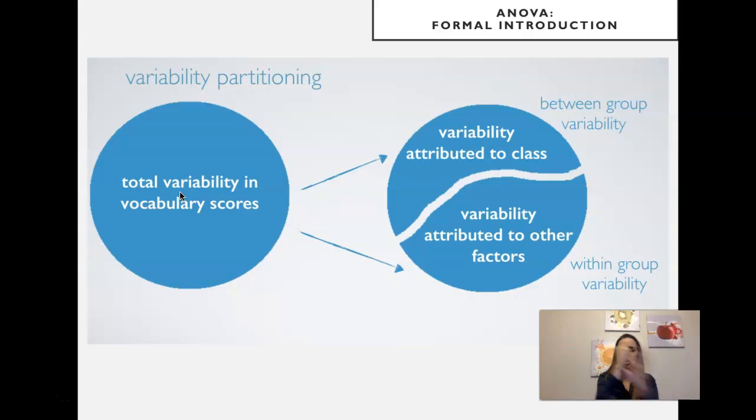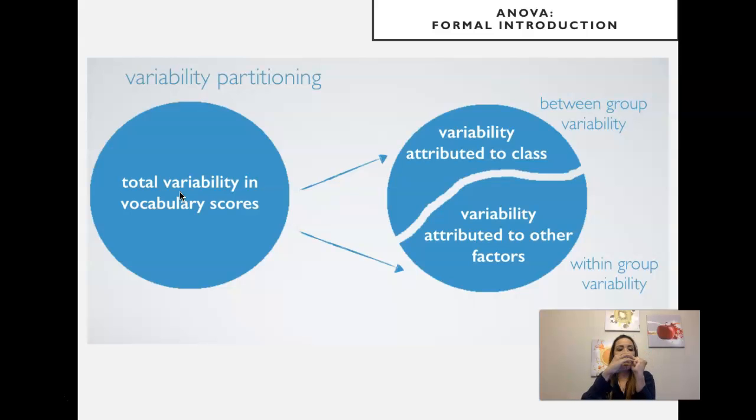If there was no variation across the mean, then the overall mean would be a good model for our data, right? If the groups were all the same, if the people's vocabulary scores were pretty much all the same with very little variation, then if we use the mean to model vocabulary score, the overall mean across all of the social classes would be a good model for the data.